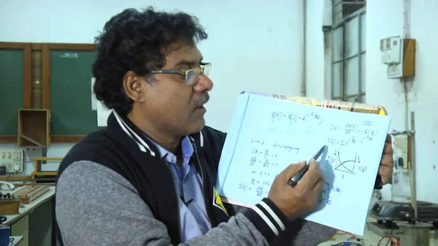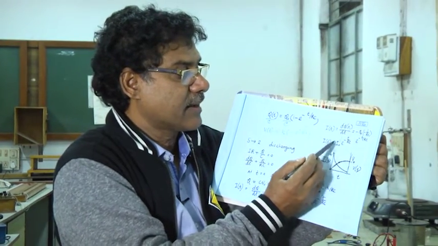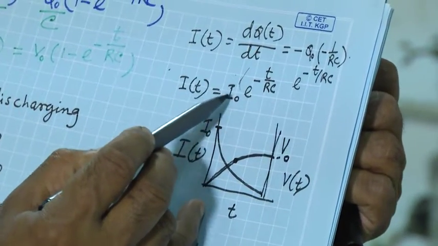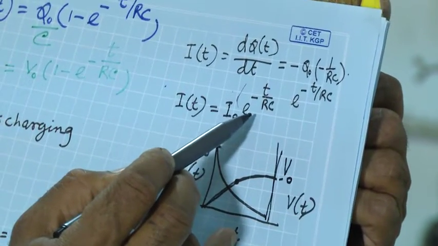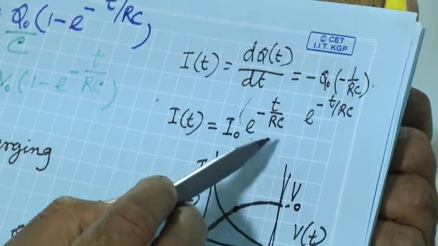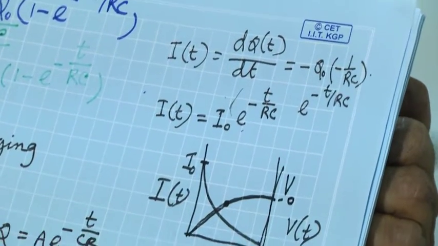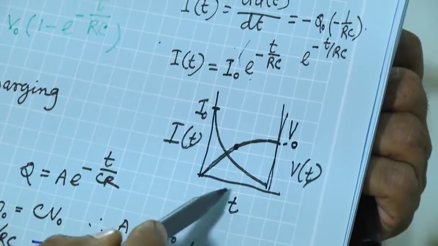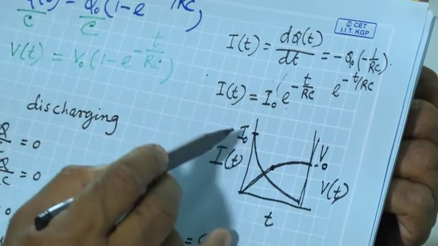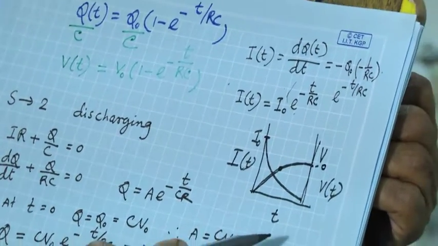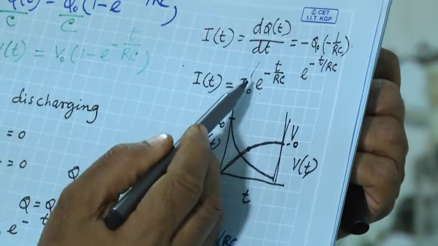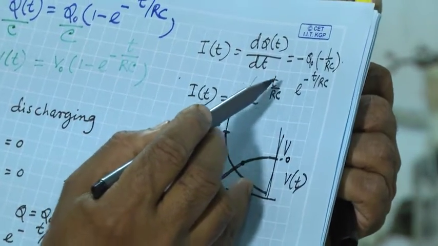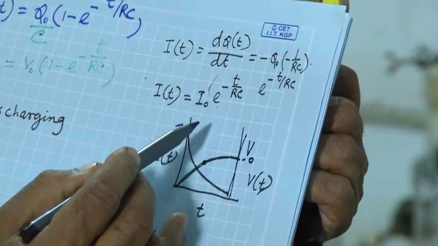If you take the log, you will get log I equal to log I0 minus t by RC. If you plot log I as a function of time, you will get basically a straight line.